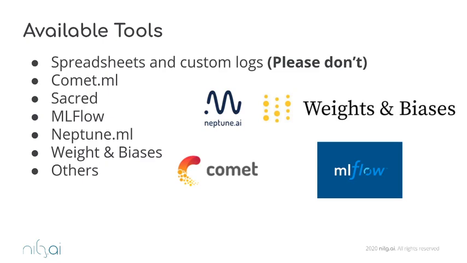So I will be talking a little bit about these tools: Comet, Sacred, MLFlow, Neptune, and Weights & Biases. There are other ones. I cannot talk about all of them. I will talk a little bit about the ones that I experimented with.